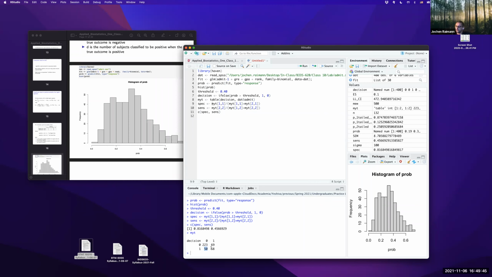Then we have here our true positives plus our false negatives. Okay, true positives, false positives, false negatives. So now essentially we are calculating 2 divided by 1 2 plus 2 2. So that's specificity, that's sensitivity.